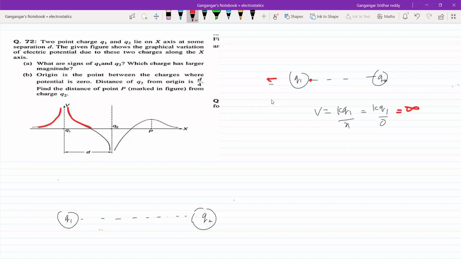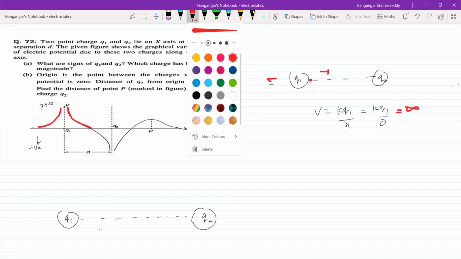If you move on the left side and right side, it will vary symmetrically. Upward is positive potential, downward will be negative. Look at nearby Q1, what am I getting? Positive, no? So Q1 should be positive. Yes, the confirmation I'll make, Q1 is positive.